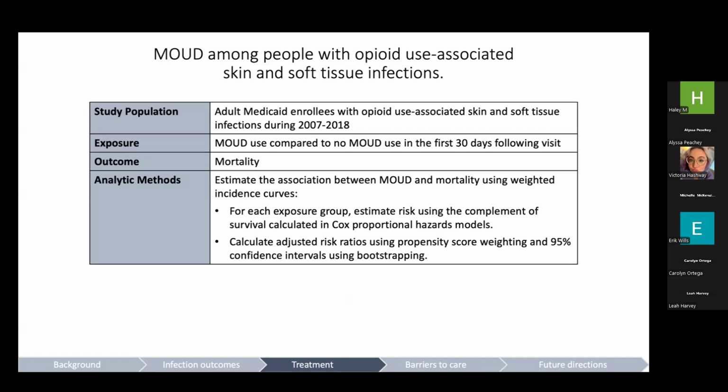But we also know that people might appear in the healthcare system a little bit earlier on with these infections, while some of the more invasive infections might come later. So if we look at the first time someone comes in with these infections, and we can offer MOUD as one strategy, that might potentially have an impact later on, preventing invasive infections and mortality.